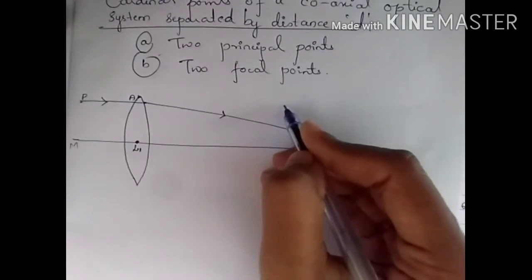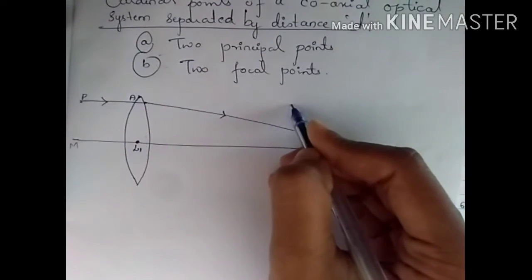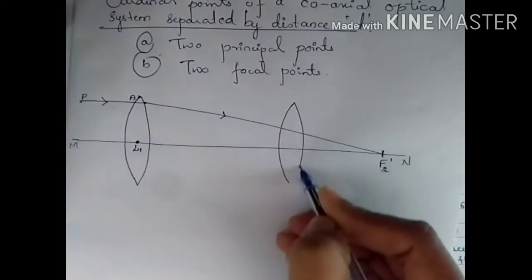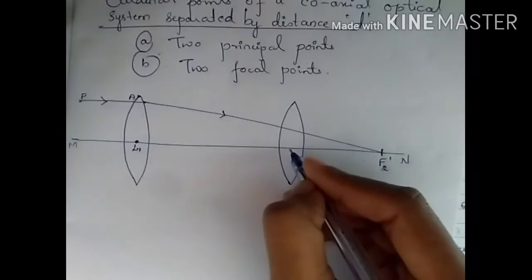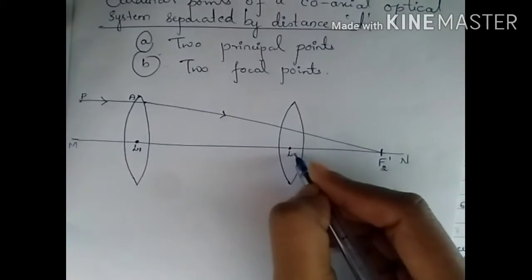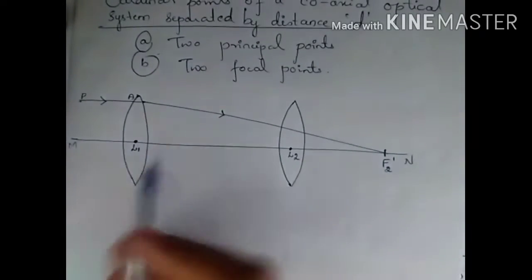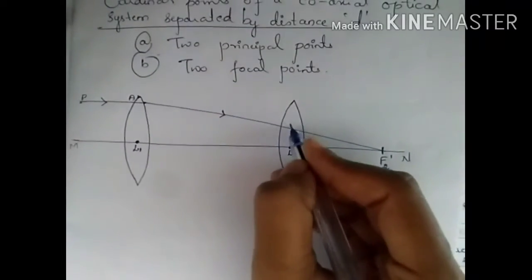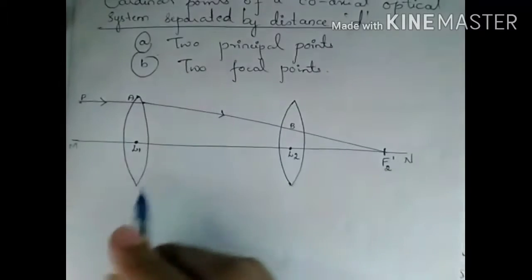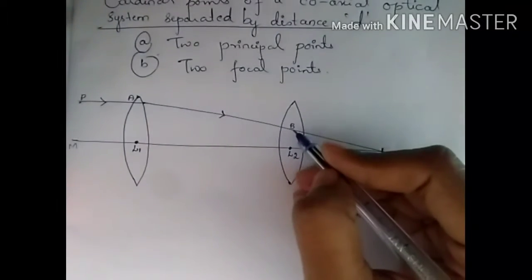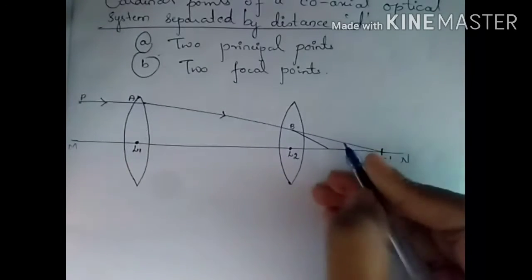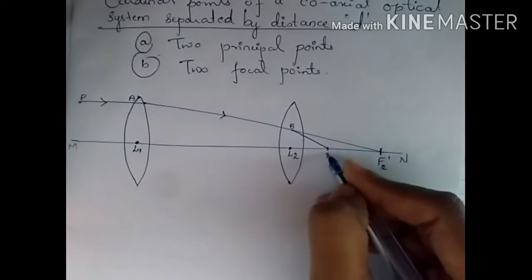Now we'll keep another lens. Let's suppose this lens is L2. So you have lens L2. For this lens L2, the ray AB will be the incident ray, and after refraction this ray falls at a point F2.